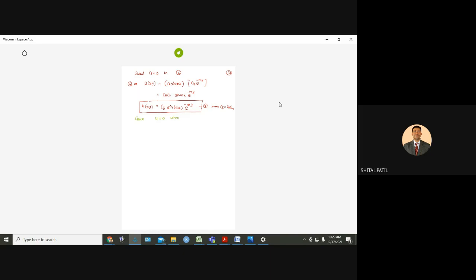Okay, chalo. When u equal to 0, which condition is remaining now? When x equal to 10, right? Substitute it in the above equation.